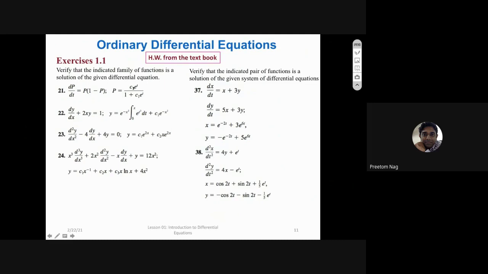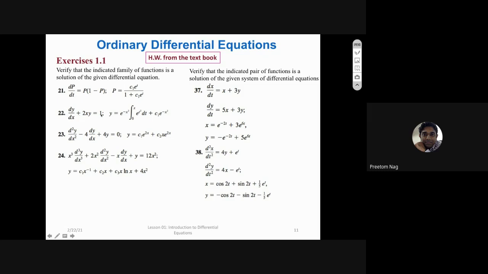So verify that the indicated family of functions is a solution of the given differential equation. So we have verified 21. Can you please try 22?